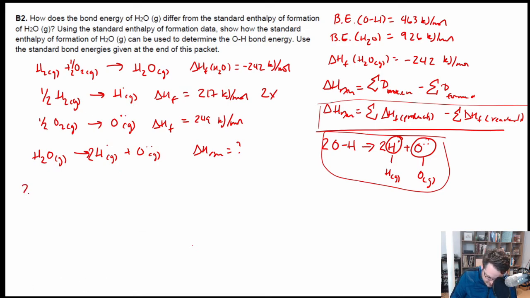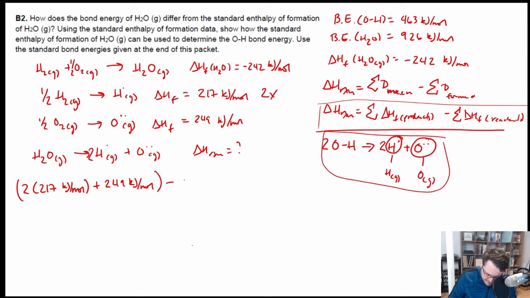So we have 2 times 217 kilojoules per mole plus the oxygen reaction to form the O dot, so that's 249 kilojoules per mole.